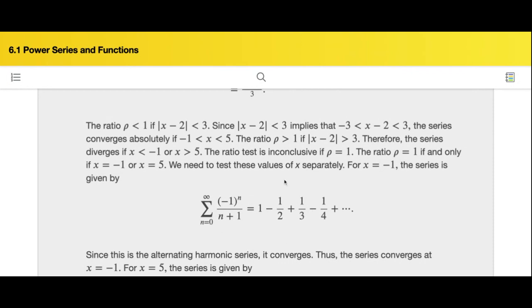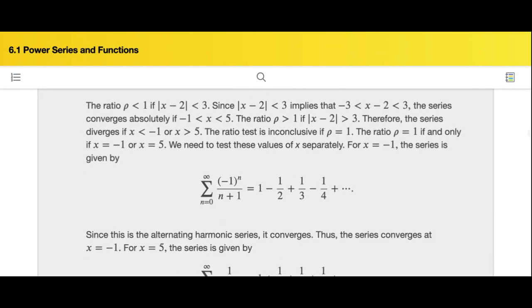We know the alternating harmonic series converges conditionally, because its absolute value is the harmonic series, which diverges. So at x equals negative 1, it converges.